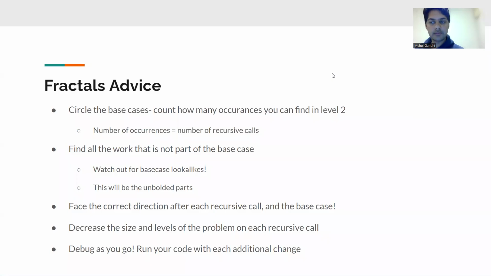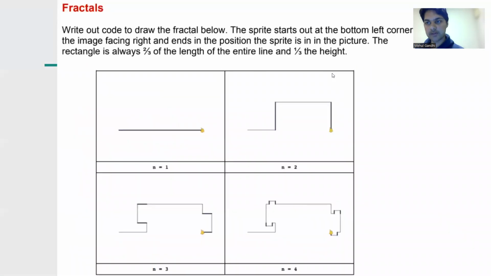Once we've figured out how many recursive calls we have, everything else is the work that we're doing inside of the recursive case. In other words, for n equals two, the additional amount of work outside of the recursive calls is: move size divided by three steps, and then we have to turn 90 degrees to the left, right?